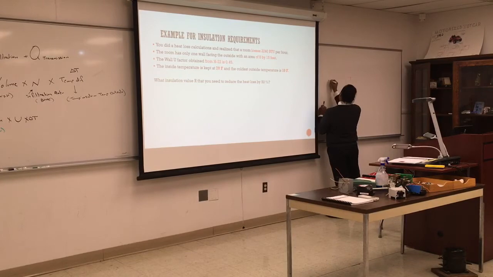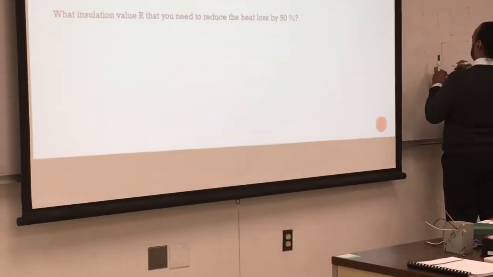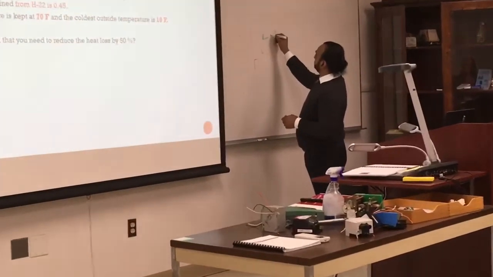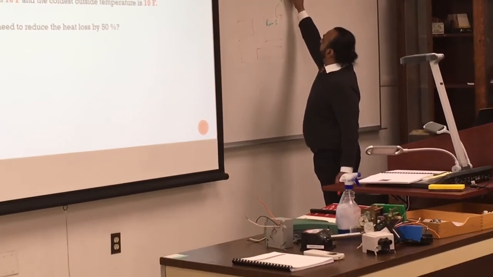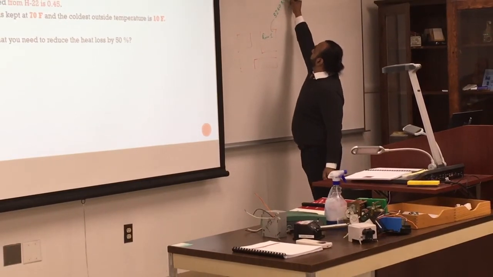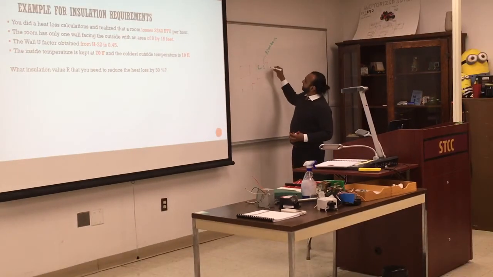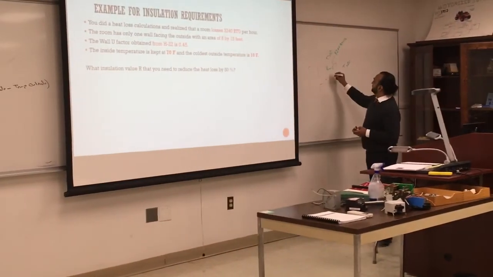This is a floor plan. This is room 1. So this room loses 3,240 BTU per hour. Of course, you did that calculation knowing that the temperature outside is less than the temperature inside. The temperature outside was 10 degrees, and the temperature inside is 70.